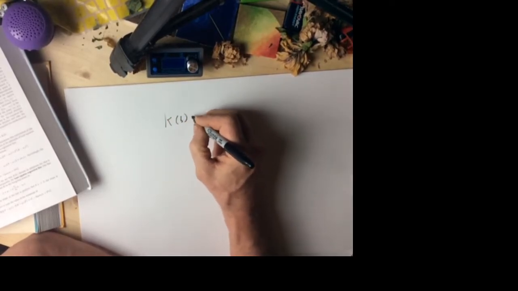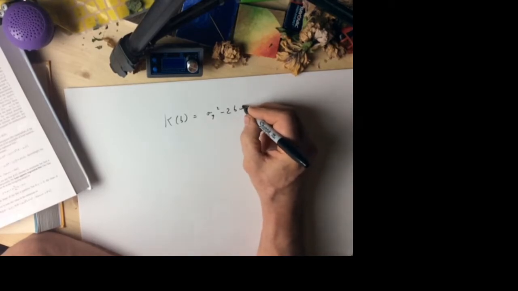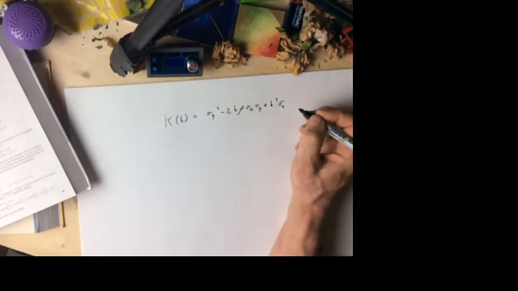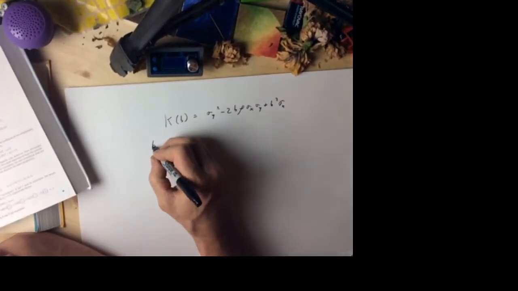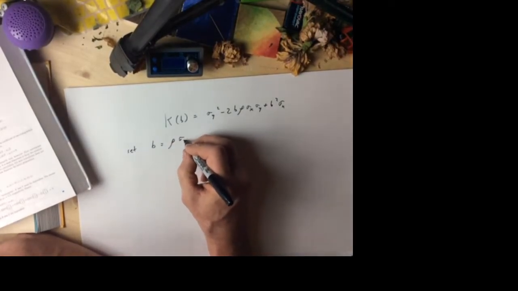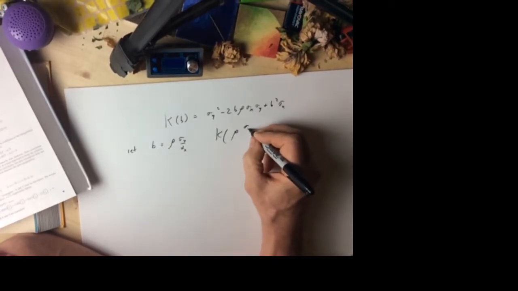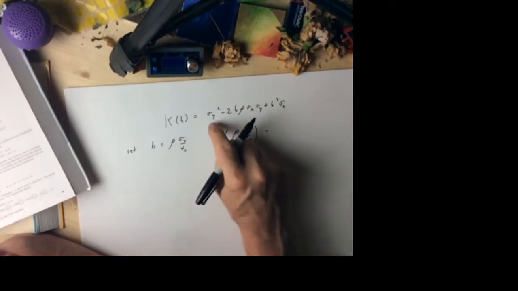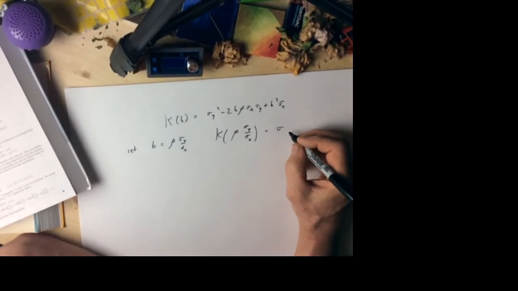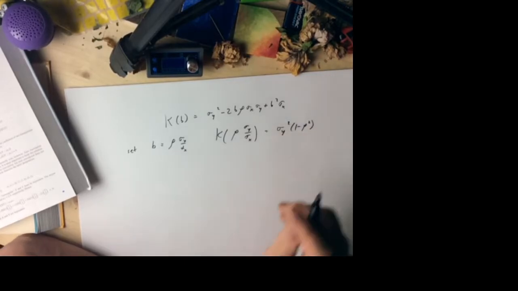So our k of b, which was sigma y squared minus 2b rho sigma x sigma y plus b squared sigma x squared, if we actually plug in, set b equal to this value rho sigma y over sigma x, and we do some pretty straightforward calculation, it simplifies to the following fact. Sigma y squared times 1 minus rho squared.